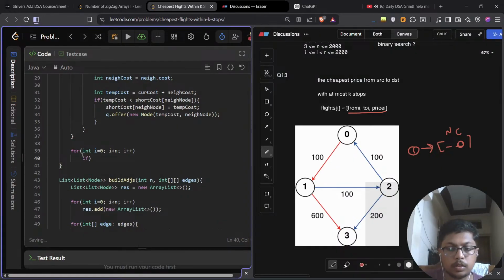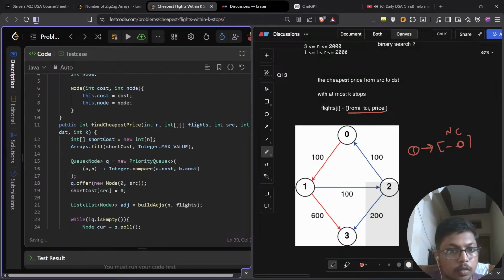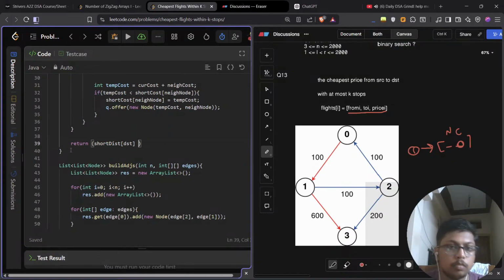Then what I put in the return is, if this is the destination, then we are safe to go ahead with printing the returned messages.